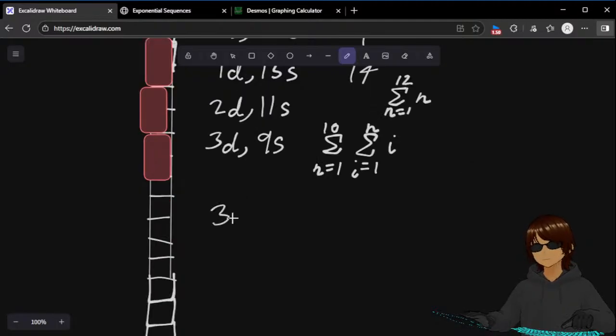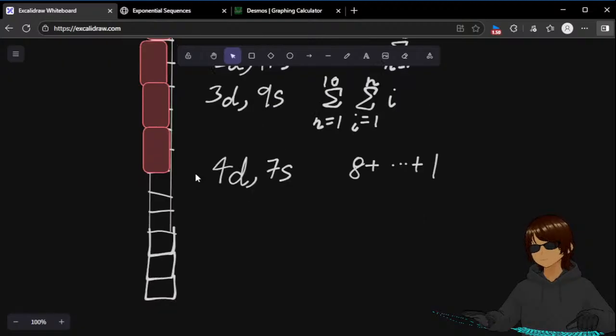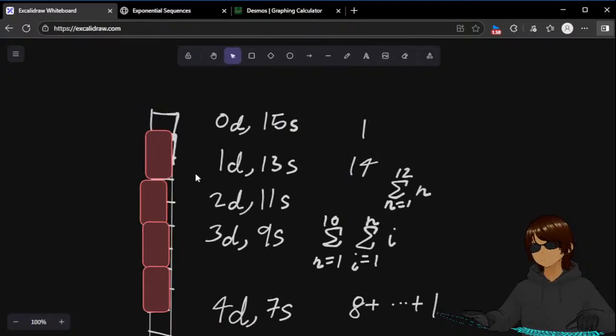If I have 4 dominoes and 7 squares, then it will be 8 all the way till 1 plus 1, right? The fourth domino will go from 8 to 1.